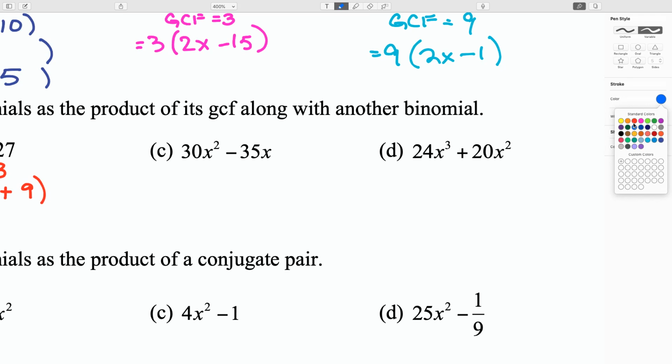So C says 30x squared minus 35x. So what GCF did you write? Well, I think that the GCF is 5. And we also have x terms, so we will say 5x.